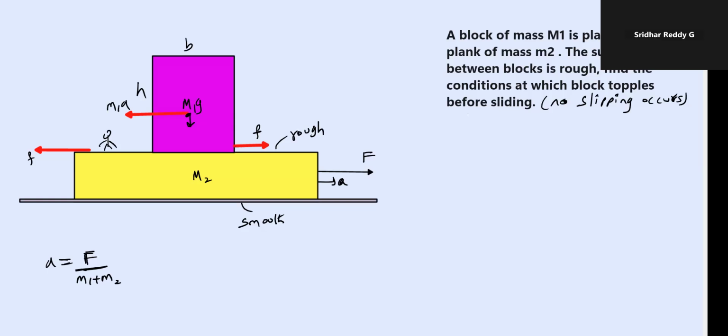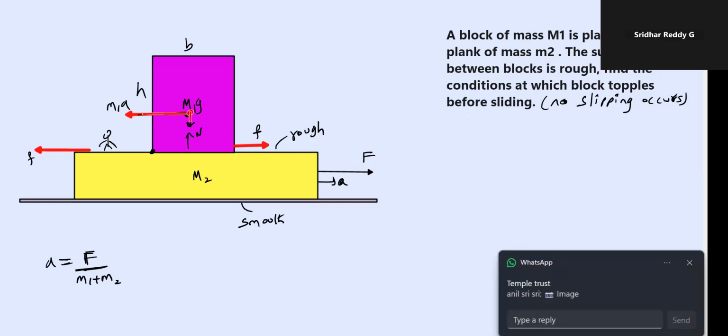Then the weight mg will act. About the center of mass, we'll check the torque. The pseudo force will pass through this center of mass.